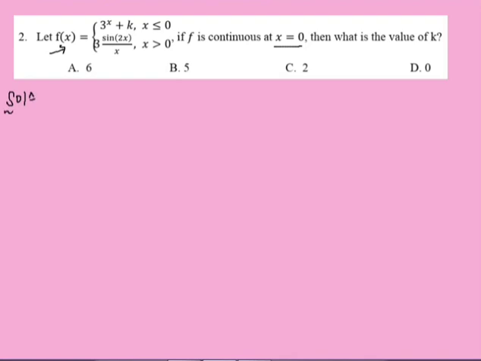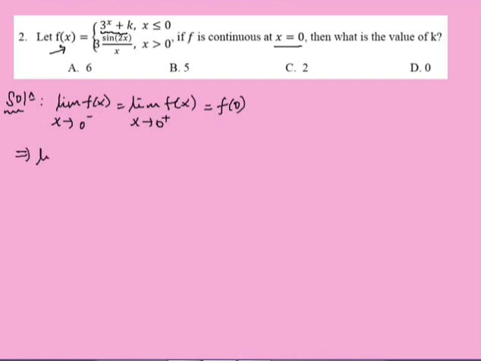So we will apply the condition for continuity at a point. That means we will evaluate the limit of f of x as x approaches 0 from the left, which must be the same as the limit of f of x as x approaches 0 from the right, which is again the same as the functional value at 0. So for the left-hand side limit, we will take 3 to the power of x.